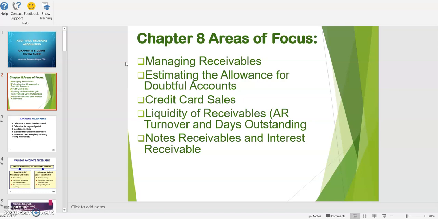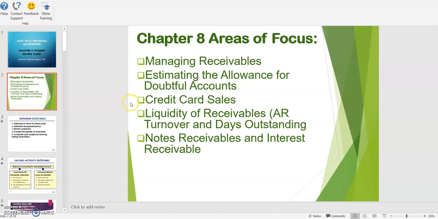So with receivables, companies are concerned with managing their receivables because they need to receive cash from third parties in order to continue with their operations. And sometimes they might have some customers that do not provide cash in a timely manner. So they need to estimate the allowance for doubtful accounts.